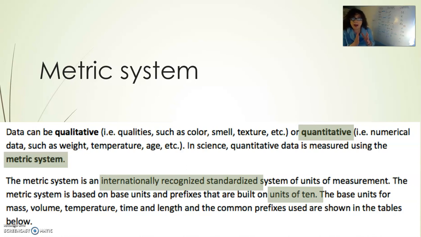But when we're working on numerical or quantitative data, we use the metric system because we can work in units of 10. Working in units of 10 makes it much more accurate by avoiding errors that are associated with multiplying and dividing in fractions as we would in the English system.